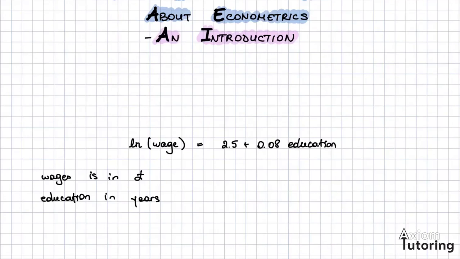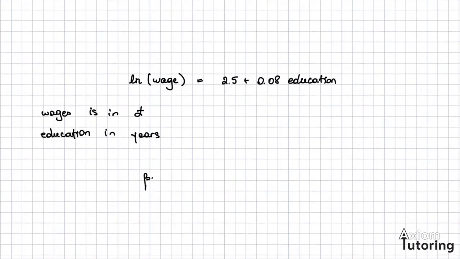Let's use the approximation interpretation in here. So the slope is beta 1 hat, clearly 0.08. And the approximate percentage change is going to be 100 times 0.08, which means it's 8%.